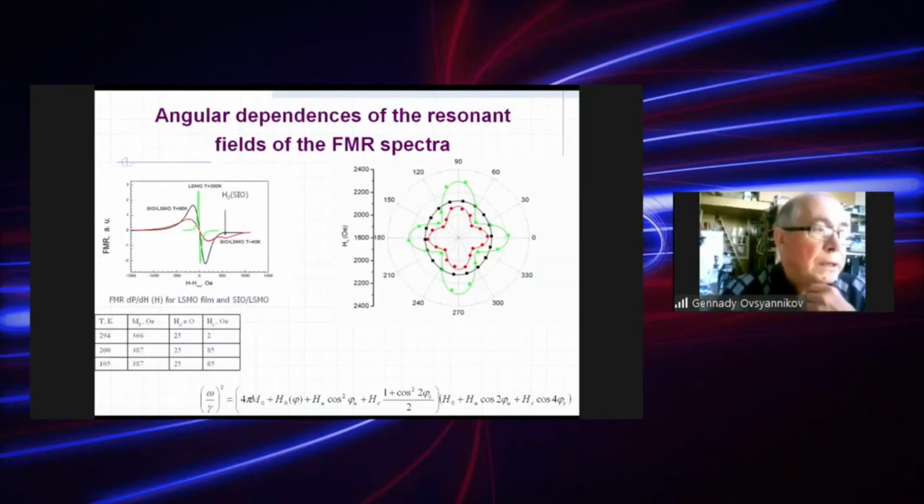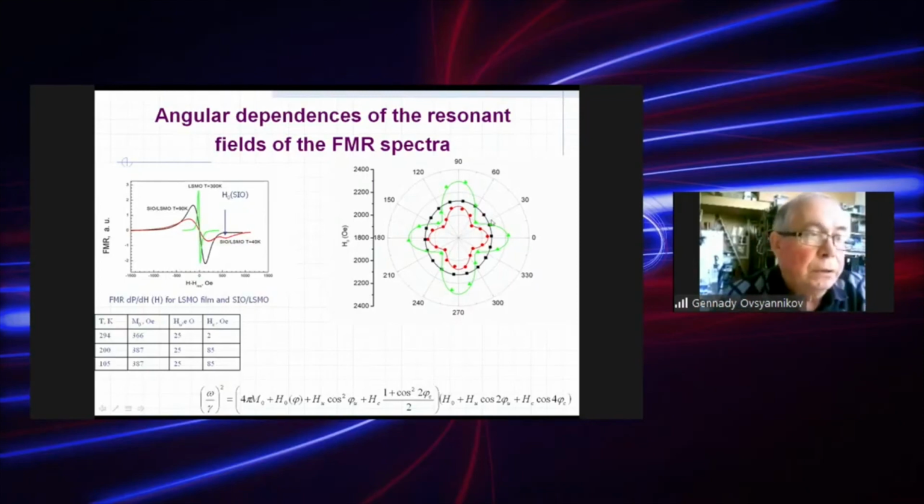Also, we investigated this heterostructure in order to understand its ferromagnetic properties. What is happening? First, we observe anisotropy of this structure, and that anisotropy is dependent on the temperature.